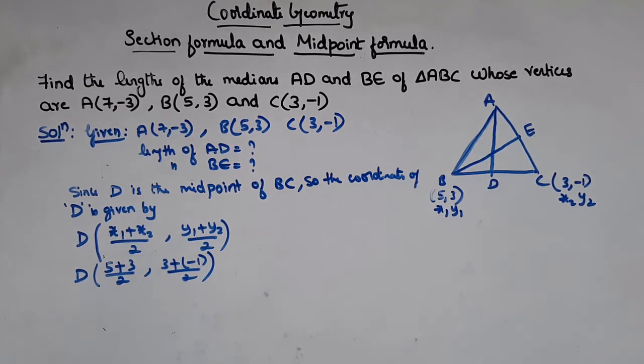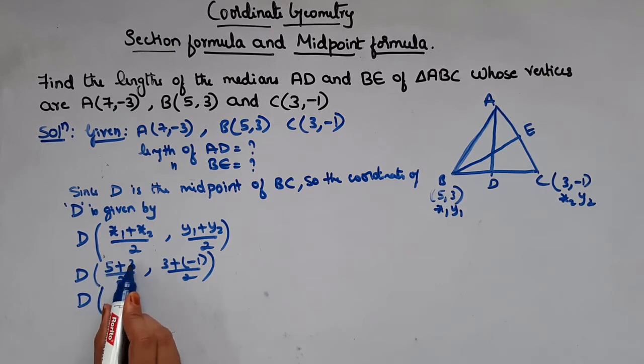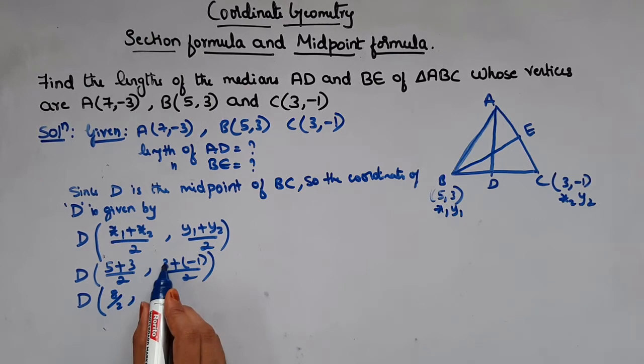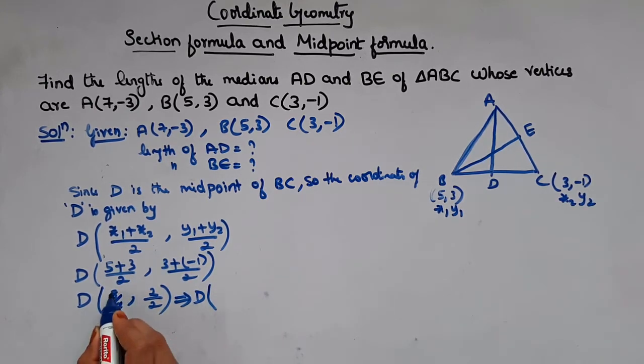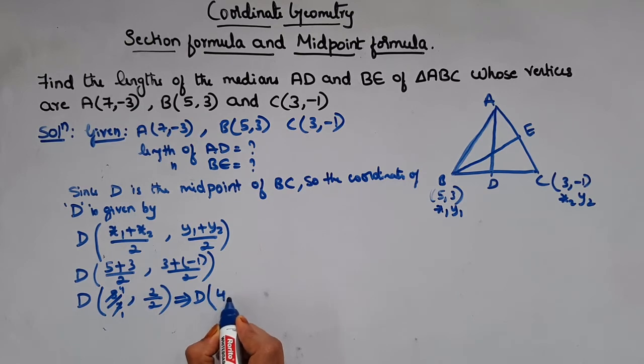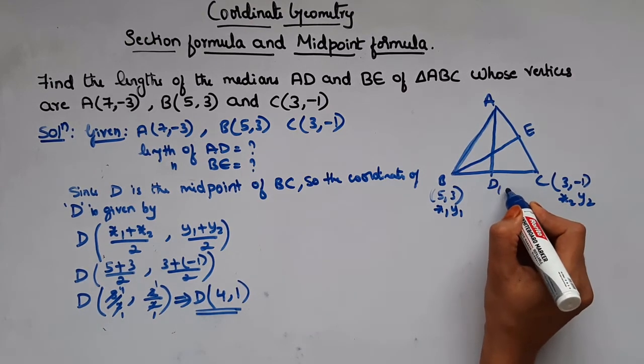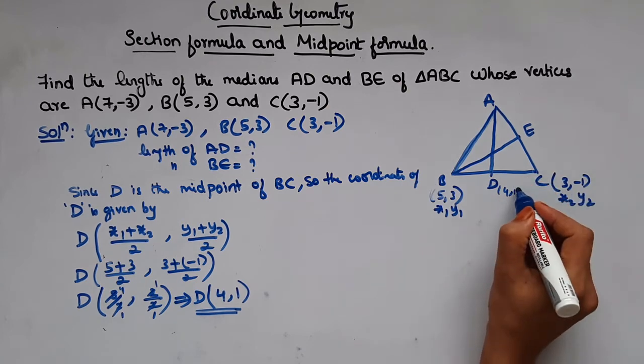So the coordinates of D are (5 plus 3 is 8 by 2, 3 plus -1, that is 3 minus 1, gives 2, so 2 by 2). 2 fours are 8, so 4, and 2 ones are 2, so 1. Therefore the coordinates of D are (4, 1).